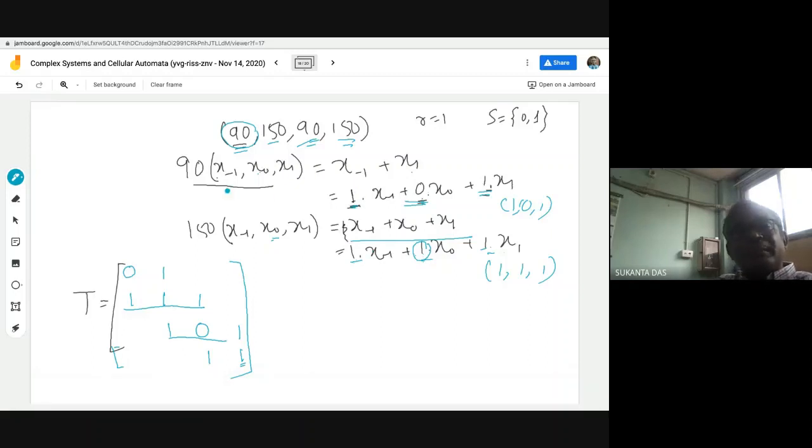So if you take any linear rule, you can express it in this fashion. If you have 2r plus 1 number of arguments, then you'll have 2r plus 1 x size, and then you'll get some scalars.